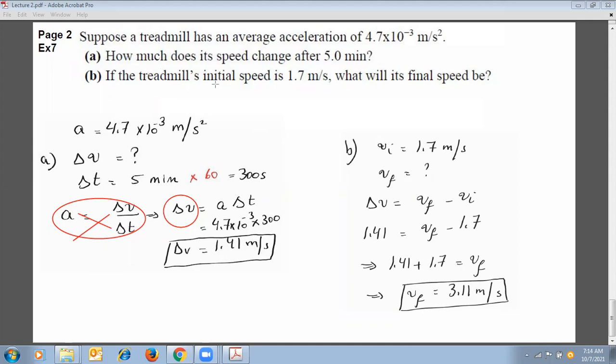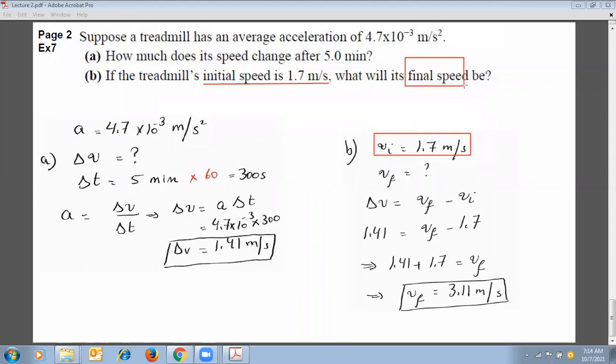Now, if the treadmill's initial speed is 1.7 meters per second. So what is he giving me here? He is giving me the initial, and he's asking for the final speed. So he wants the final. Okay, what do I use? I use the definition that delta V is V final minus V initial.